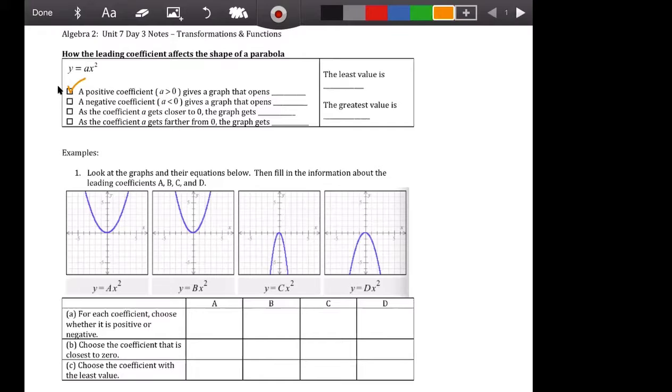If a is bigger than 0, like 2 or 5/3 or 8 or 3, then the graph opens up. If a is negative, so a is less than 0, it opens down.